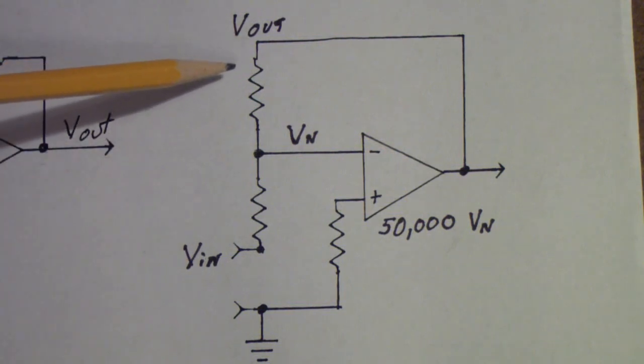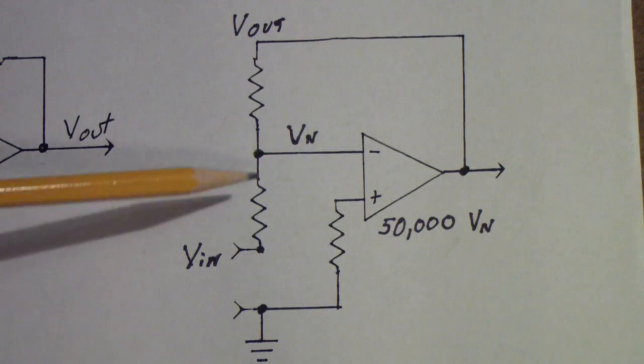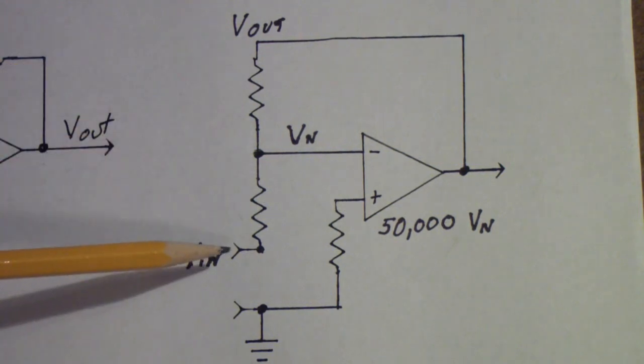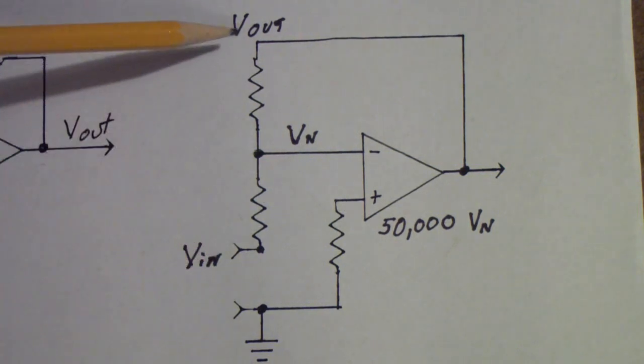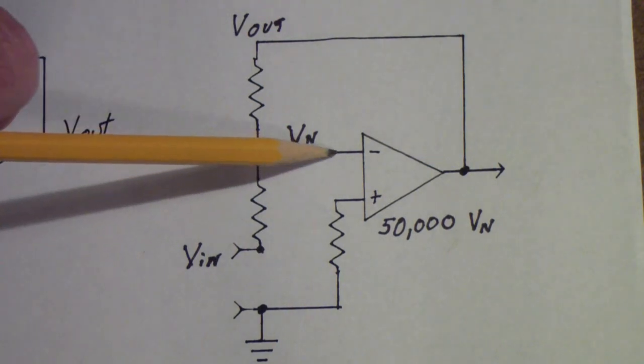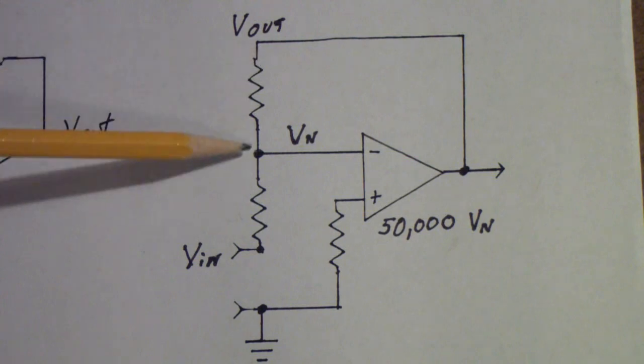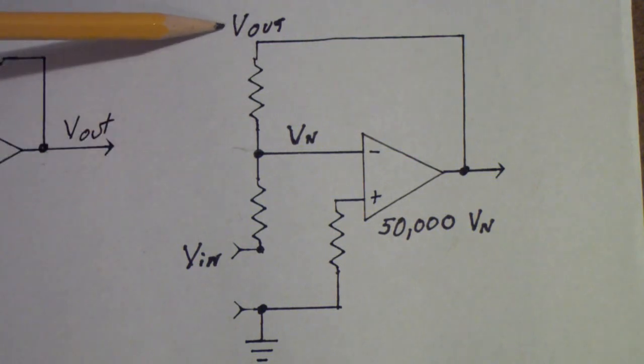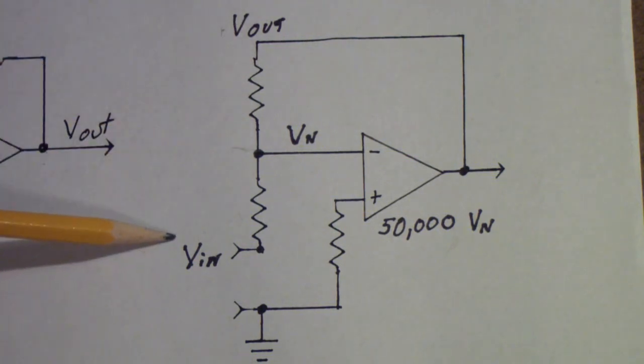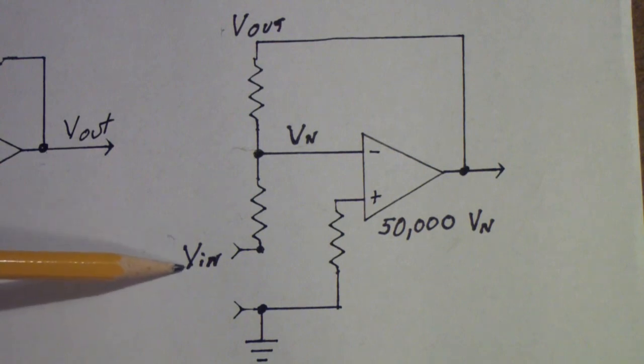If you think of the feedback resistor and the input resistor as just a resistive divider, so that this node voltage is just the Ohm's law value determined by Vout and Vn. Now Vn we're going to assume at this point is fixed, or at least is not under our control.